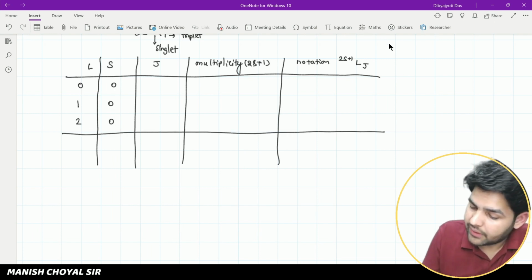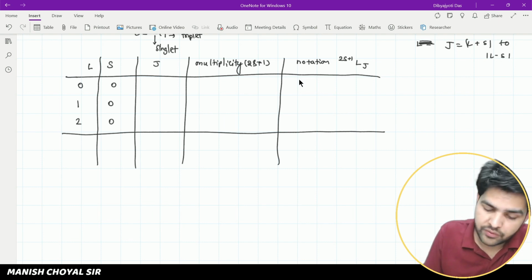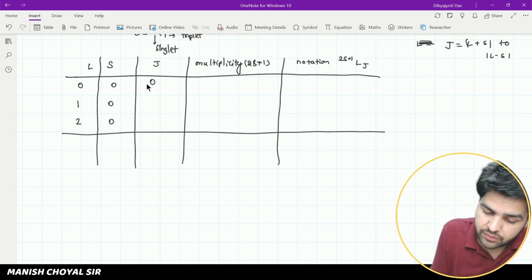So J equals L plus S to L minus S. So 0 minus 0 is 0, 1 minus 0 and 1 plus 0 is of course 1, and 2.